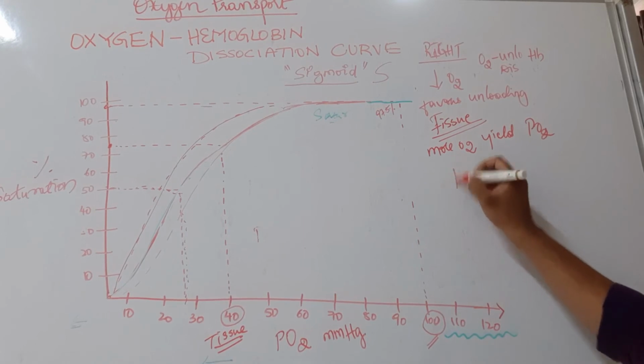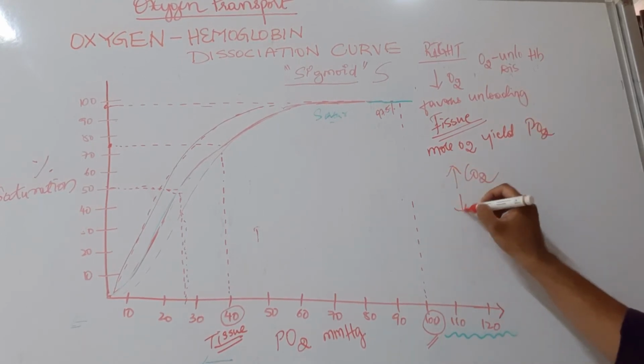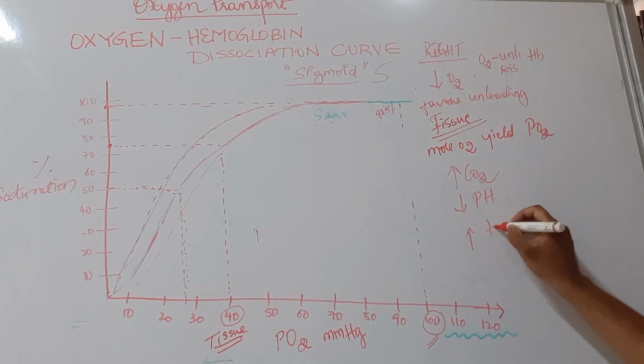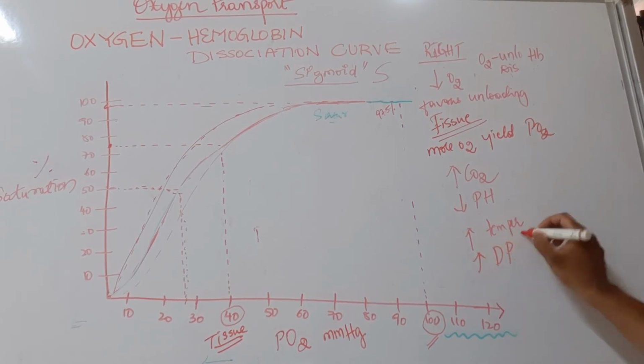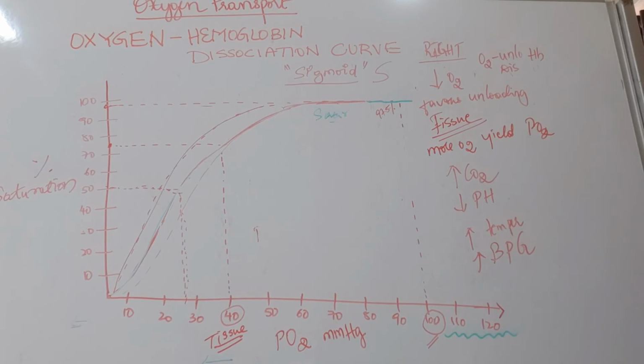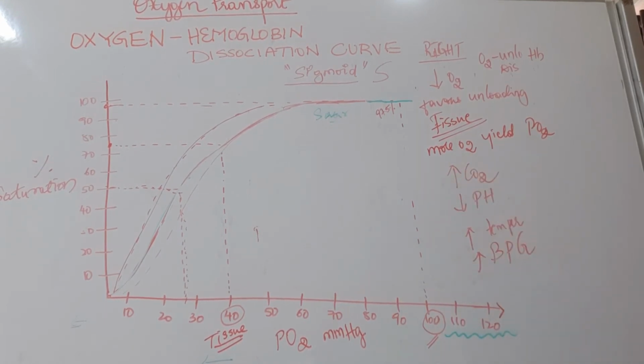This is seen during increased carbon dioxide concentration, decreased pH, increased temperature, and increased concentration of bisphosphoglycerate. All these things are seen in tissue metabolism.